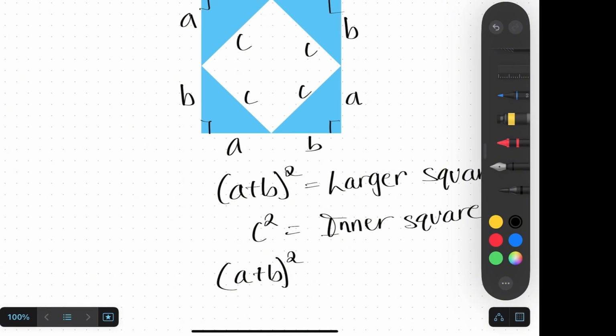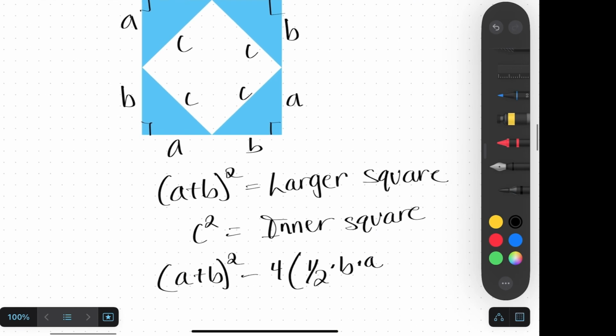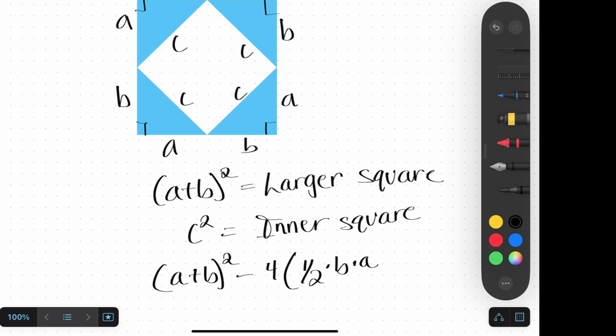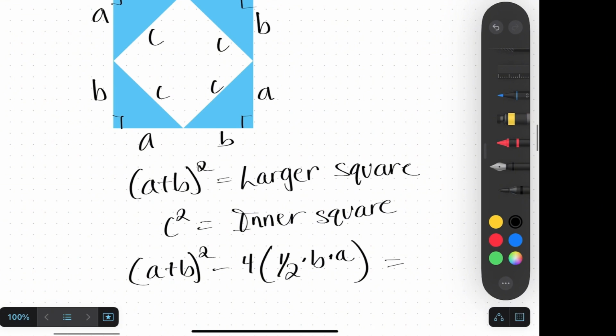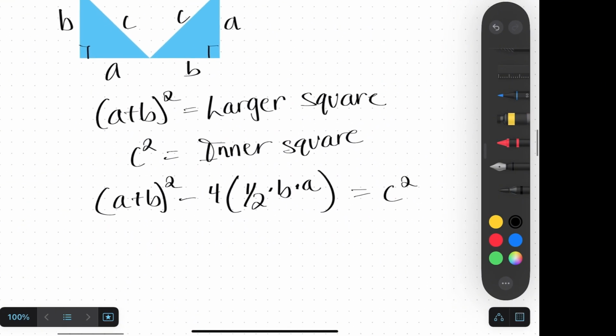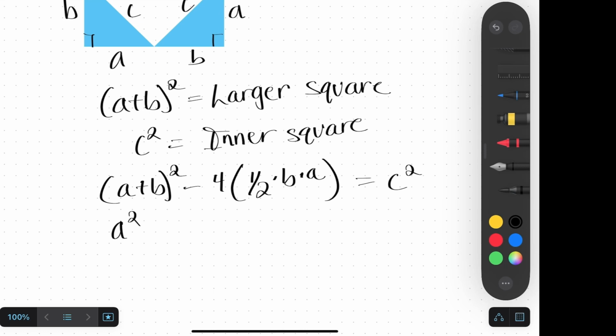A plus B squared minus 4 times 1/2 times B times A for the 4 triangles equals C squared. When we expand, we get A squared plus B squared plus 2AB minus 2AB equals C squared.